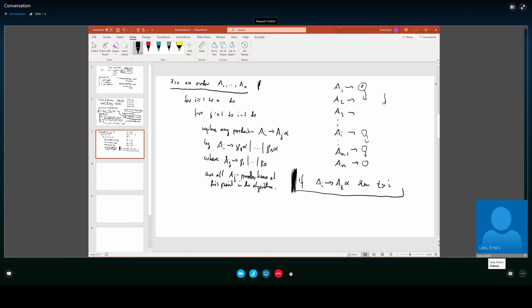And so when we carry this all out, then at the end of that for loop, the j loop, we now have a situation where at worst we have Ai goes to Ai followed by something.